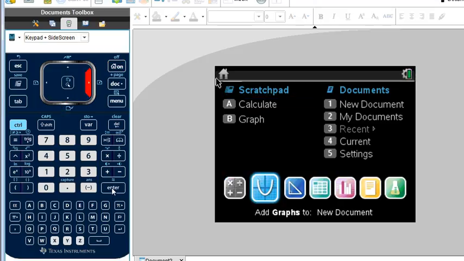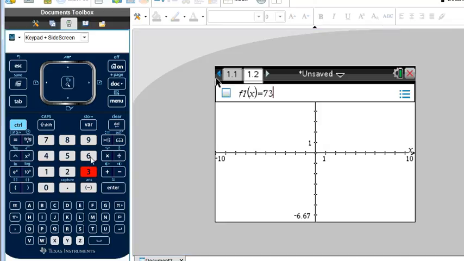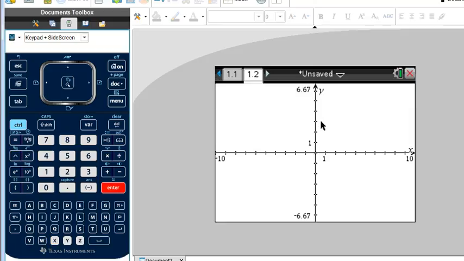We put in the function 736 times 1.0149 to the power of x, and we graph the function. We can't see it. The y-intercept is going to be way up here, but it's going to be at 736.